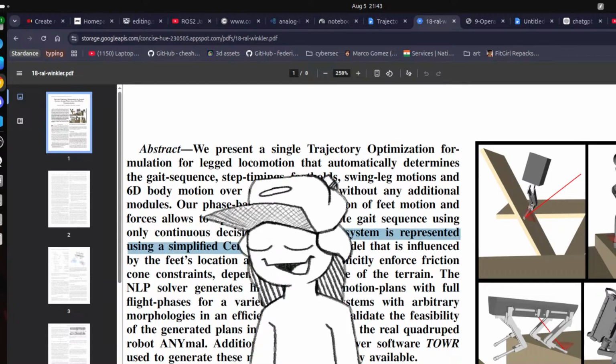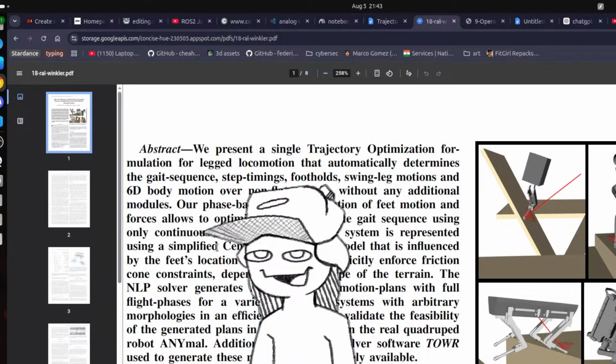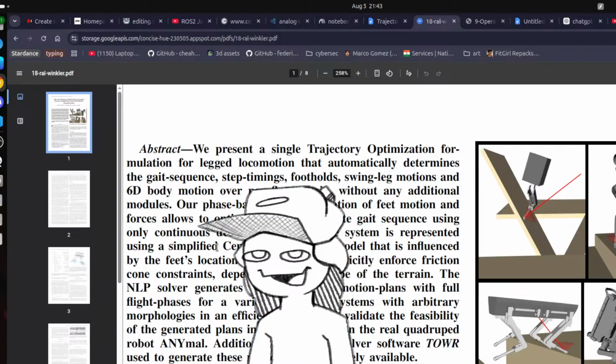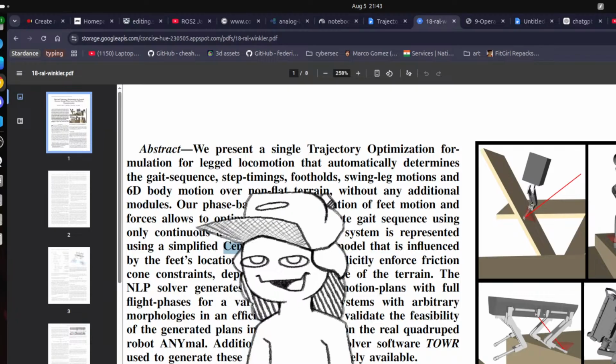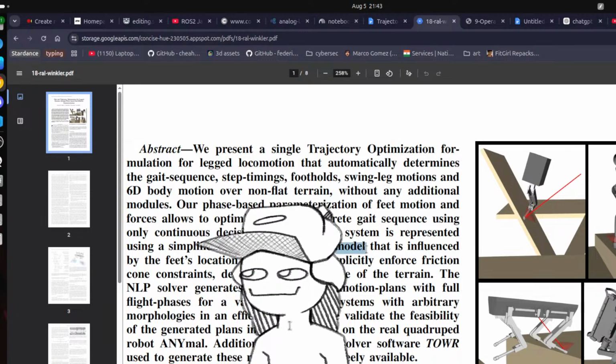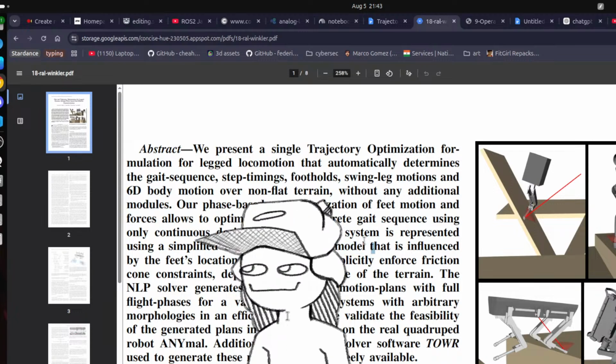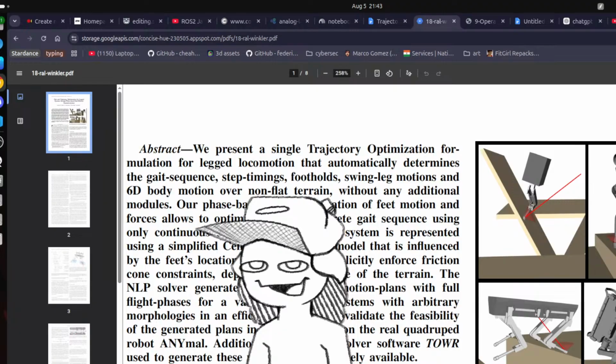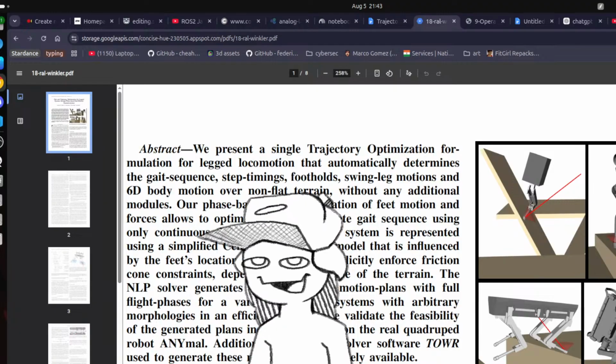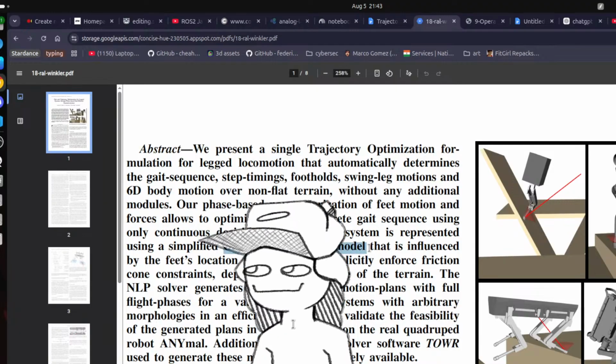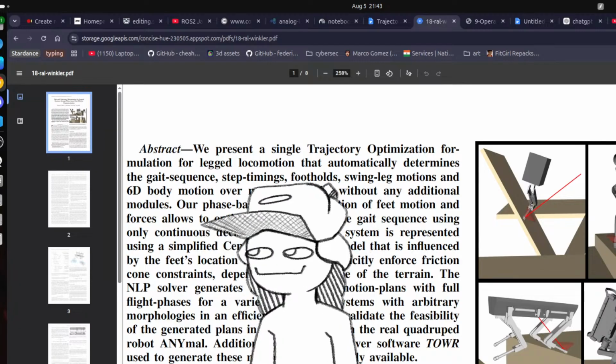The system is represented using a simplified centroidal dynamics model, which is what I was talking about. They are simplifying the system down to its center of mass, which is influenced by the feet's locations and forces.